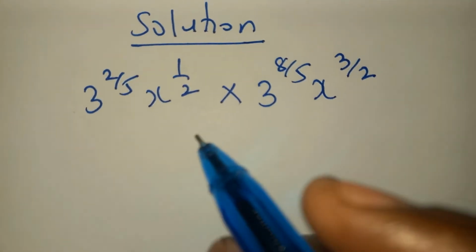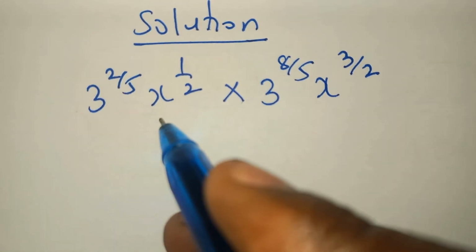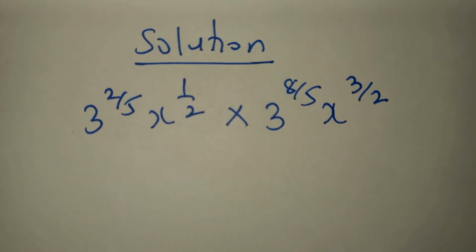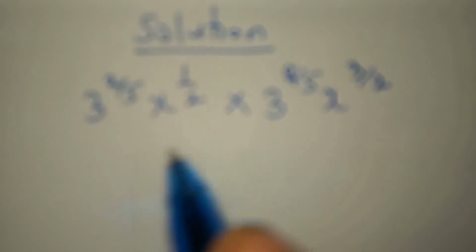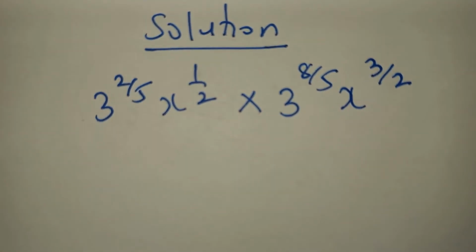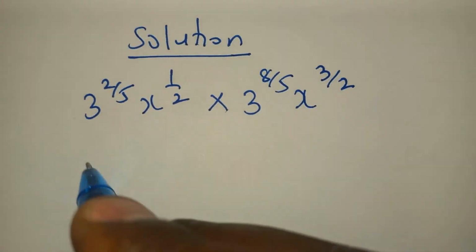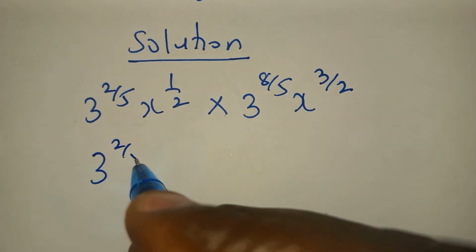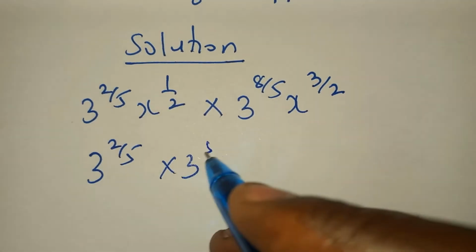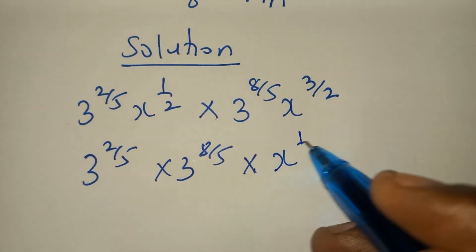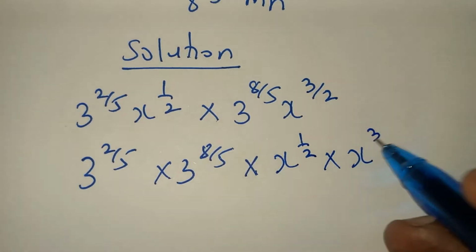We can see clearly that this involves multiplication, meaning that if we are able to group the like terms together, we can make use of the multiplication law of indices to simplify our problem. So we can rewrite this as 3 raised to the power 2 over 5 times 3 raised to the power 8 over 5, multiplied by x raised to the power a half times x raised to the power 3 over 2.